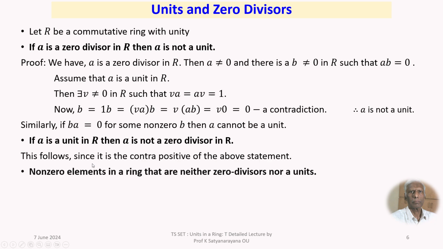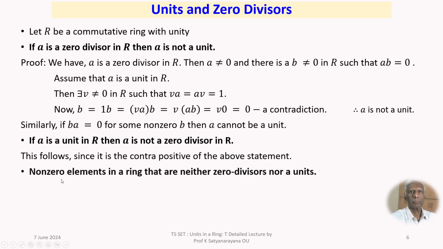Now, can we have an element in a certain ring R which is neither a zero divisor nor a unit? Our above result says a zero divisor can never be a unit, right?